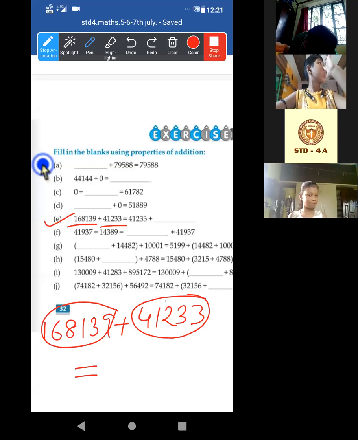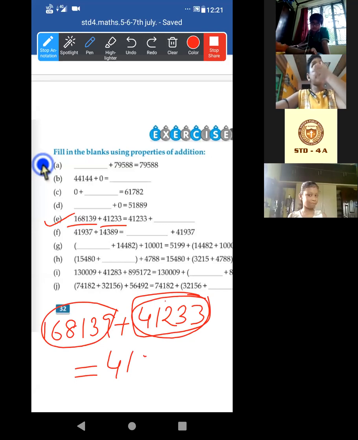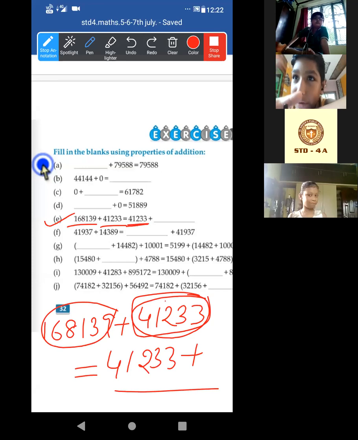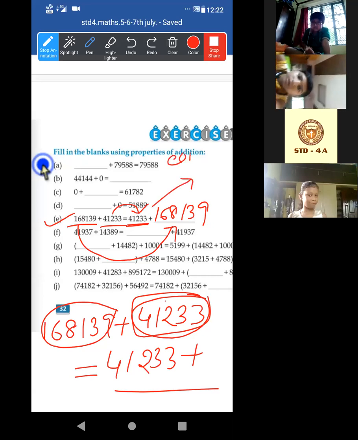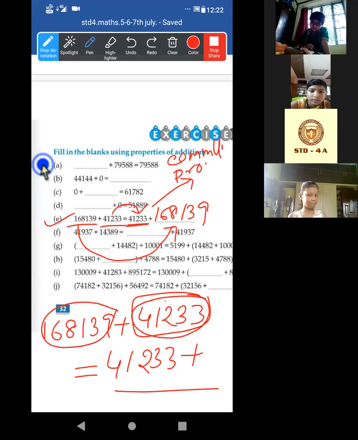Look here, the last one is already written in the first place, and the first one is already here. So we have to take the last one to the first and the first one to the last. 1,68,139. It is commutative property under addition. Right over there, commutative property under addition.